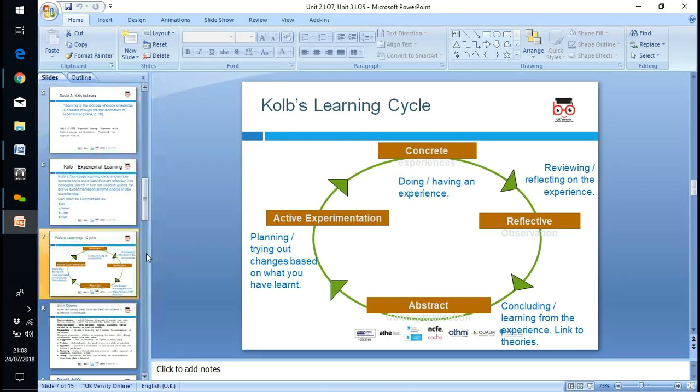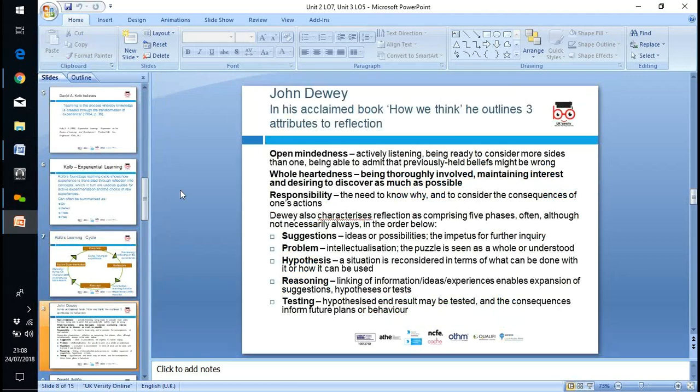So again, always the follow-up from reflection is what can be done better? How can I improve? What did I do that I could have made better? So again, Dewey, how we think, outlines 3 abstract attributes to reflection: open-mindedness, wholeheartedness, responsibility.